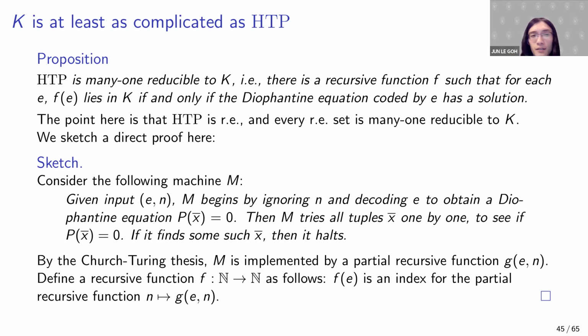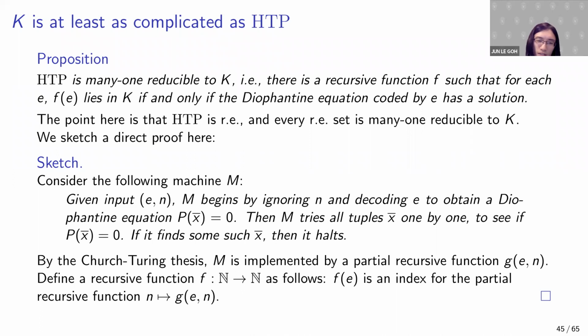So this is a Turing machine, and well, it's an informal description of a Turing machine. It's implemented by some partial recursive function g. And now what f does is, f of e is going to be an index for this partial recursive function, or you can think of it as an index for this machine above.